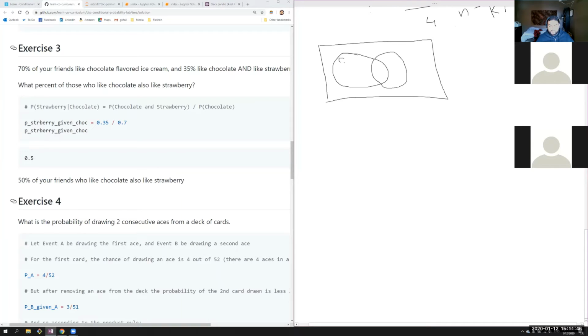So this is chocolate at 70%. No, that wouldn't be 70 because you have to subtract out the 35. You're very right. So this is the C complement. It would be 35 there. Yeah, 35. You're right. But it'd be 70 for all of chocolate.